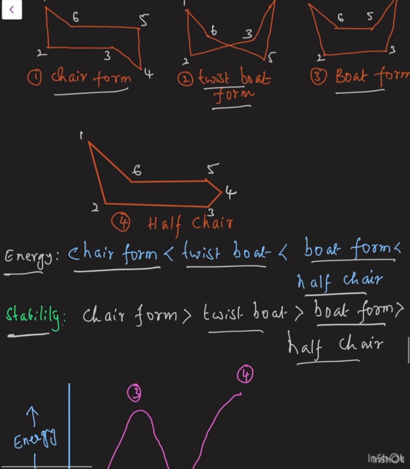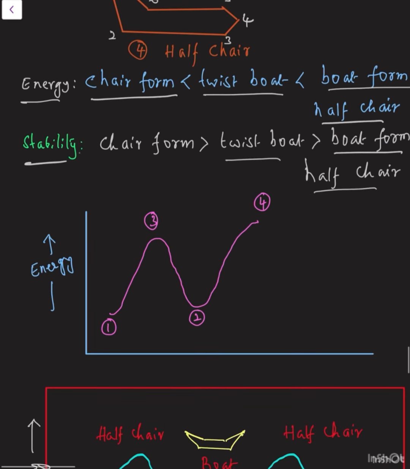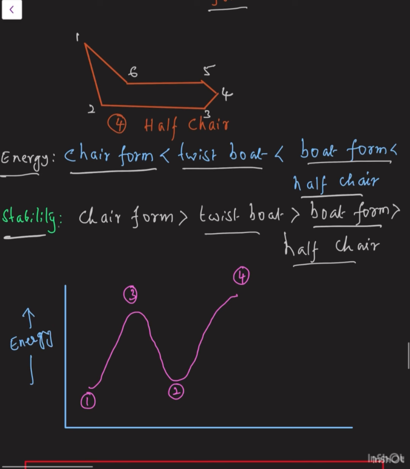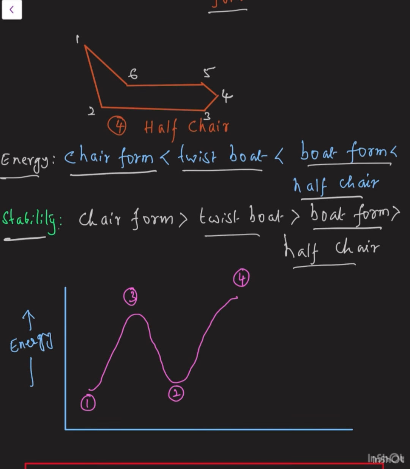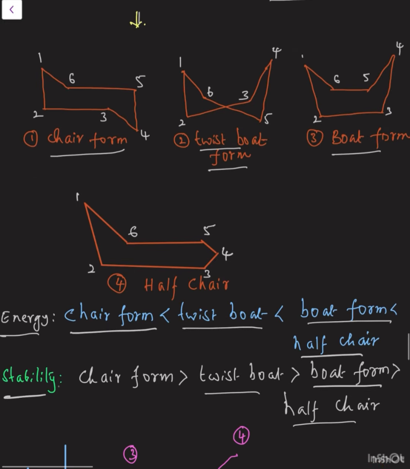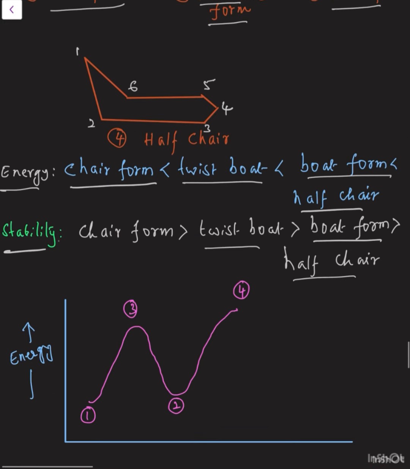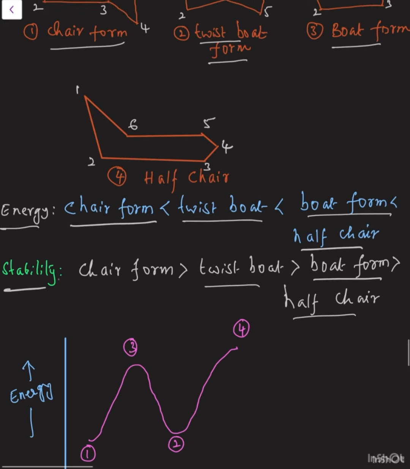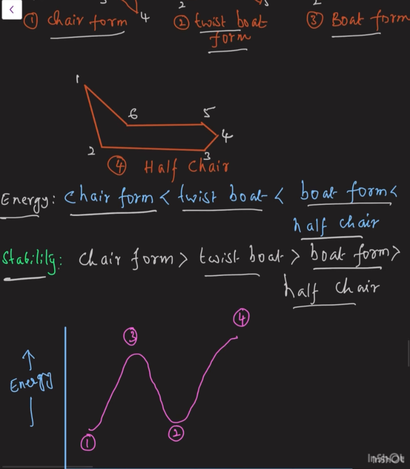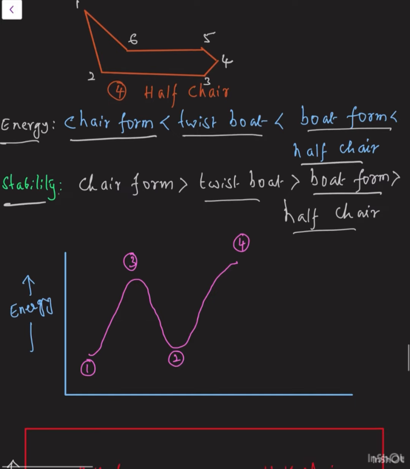Here I have given numbers for chair, twist boat, boat and half chair that I represented graphically in this way. Which one is having the least energy? The least energy is there for the chair form, that is first. Then second is twist boat, third is boat form, then fourth is half chair form.